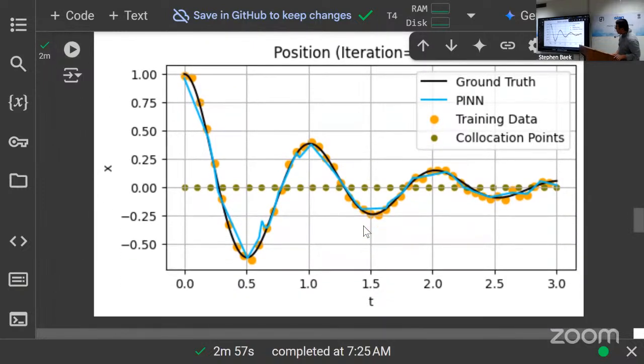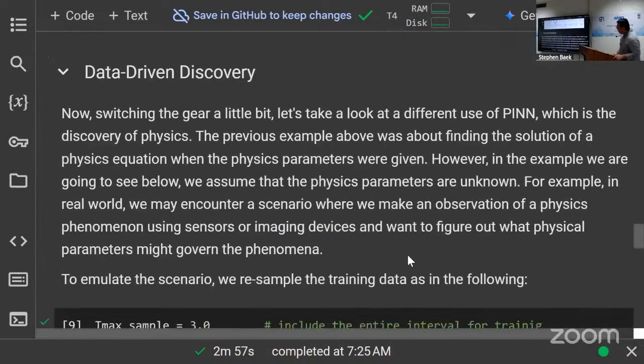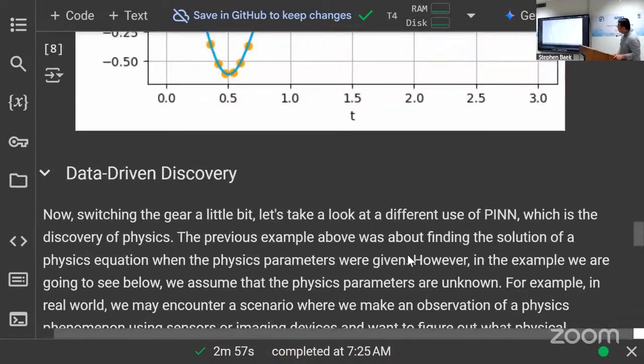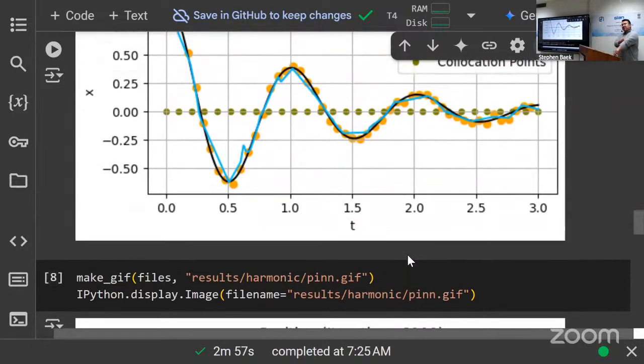Not terribly bad, but you can see these discontinuities and spiky shapes. So that's what happens essentially. So feel free to experiment with ReLU and other simpler activation functions, and then see what happens.